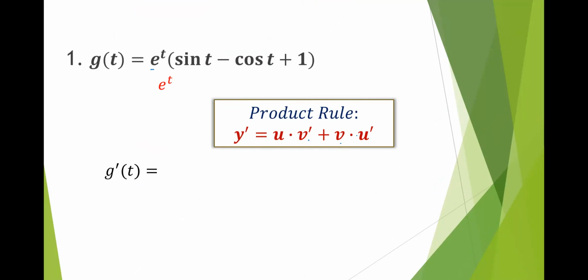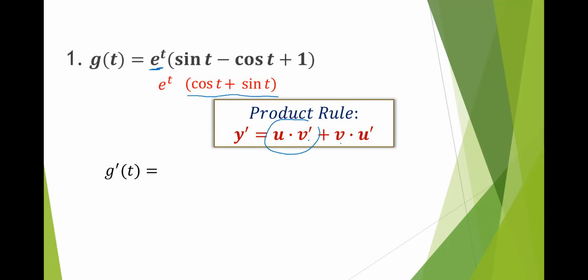Derivative ng e to the t is e to the t. Tapos yung sin t minus cosine t plus 1, derivative ng sin t is cosine t. Derivative ng cosine t is negative sin t, kaya minus negative is plus sin t. You can consult the formula list that we have kung sakali pong nakalimutan. Sabi natin, this one is coming from the first factor times the derivative.